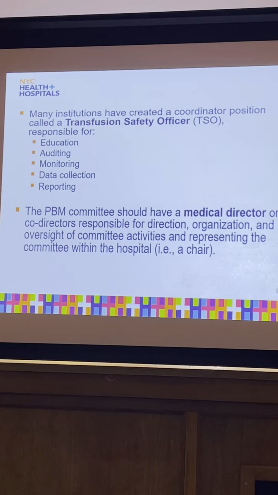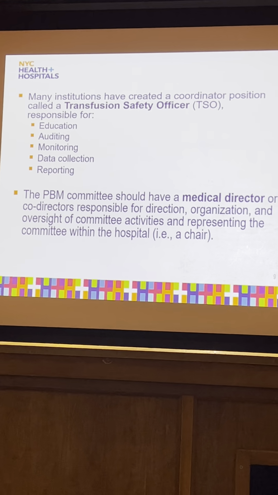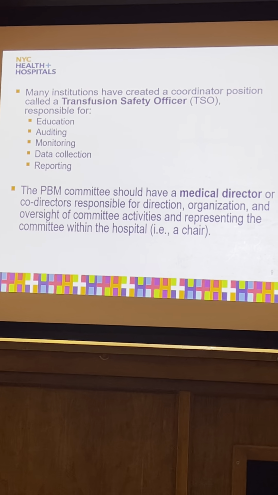I try to introduce some of the core principles in the meeting just to incept that, as I mentioned before. But in order to run a meeting, I would need some champions, and it will probably be someone outside of myself in the meeting. So probably similar to the transfusion committee, with different specialties represented.